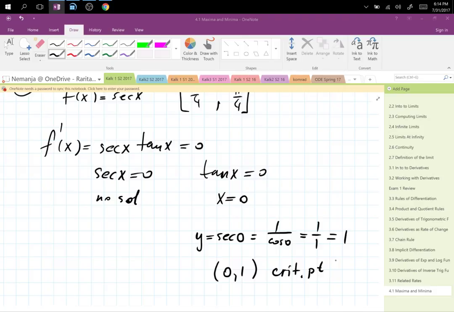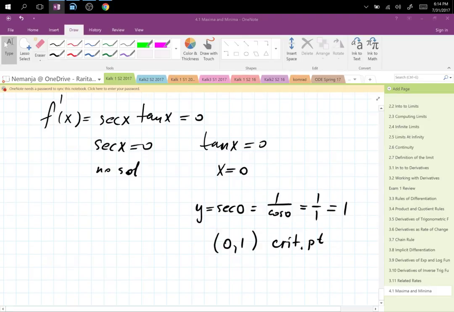It's pi over 4. What's the other number? So we have negative pi over 4 and positive pi over 4.